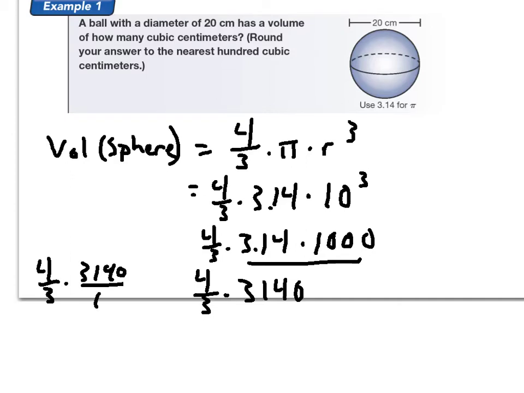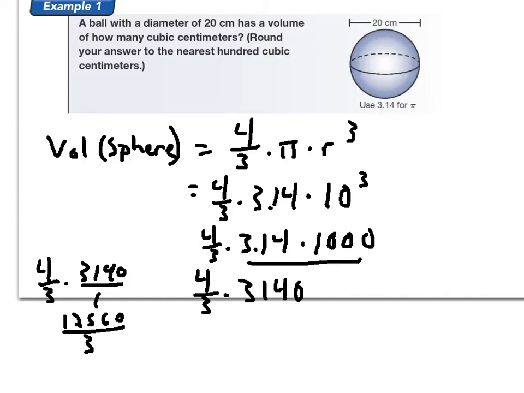Okay? Well, 3 and 3,140 can't simplify, so I need to just multiply straight across here. Okay? 4 times 3,140 is 12,560, and 3 times 1 is 3. Okay?